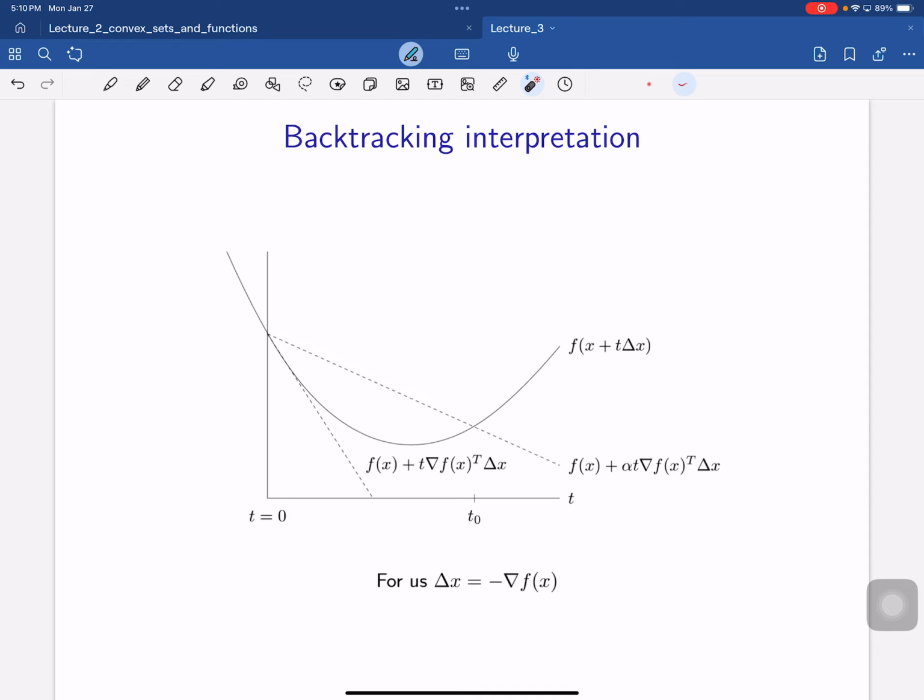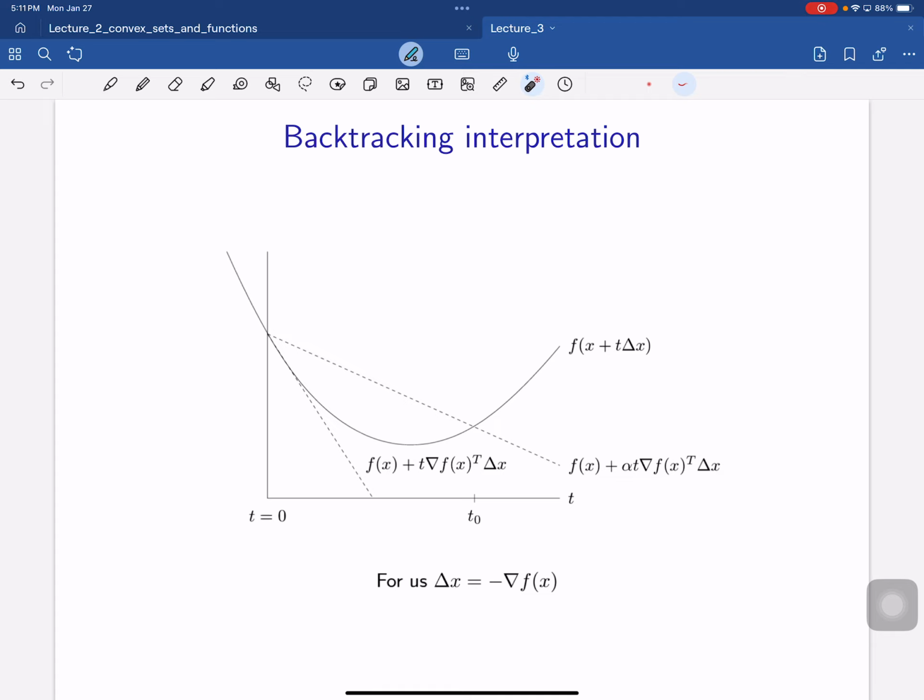As you can see, the function value roughly aligns with the gradient direction when t is small enough. But when t is too big, you are not getting this decrease in the gradient direction, because the gradient is no longer a good approximation.